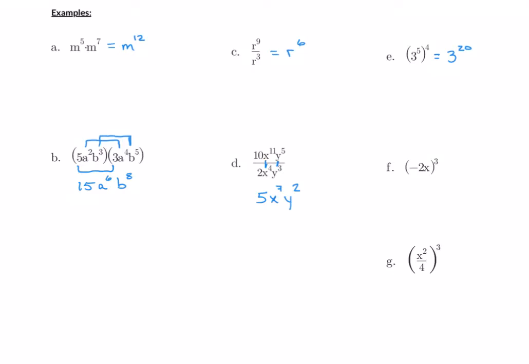Now for example F and G, I'm going to use my product to power rule. And when you're doing your homework, make sure that you pay attention to what it wants. Does it want you to simplify, or does it want you to write in exponential notation? For F and G, I'm going to go ahead and simplify.